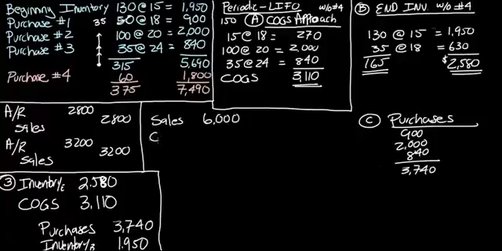If our cost of goods sold is 3,110, so if I subtract that number, it is $2,890, and that's my gross profit. And again, this is without number 4.